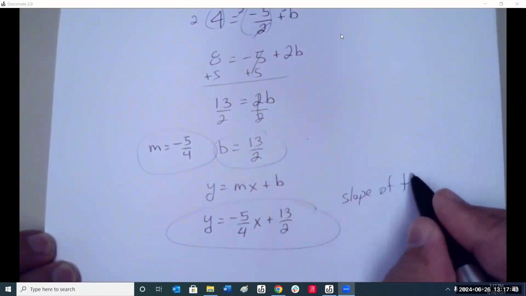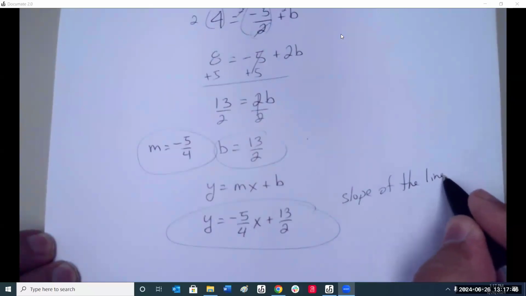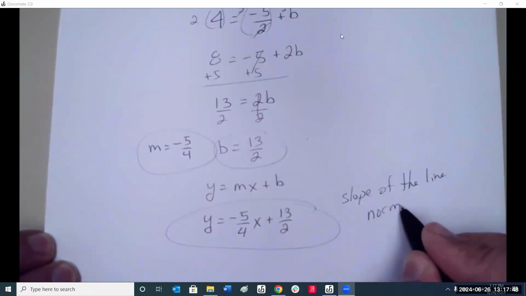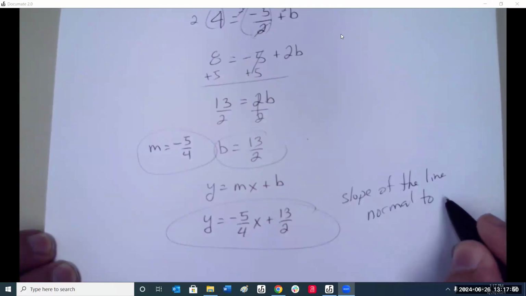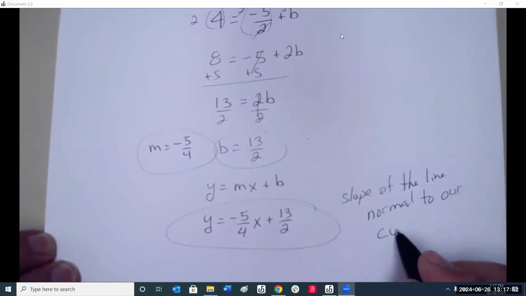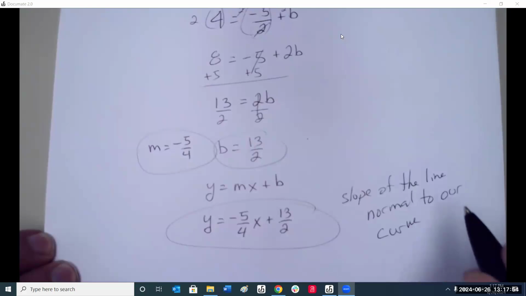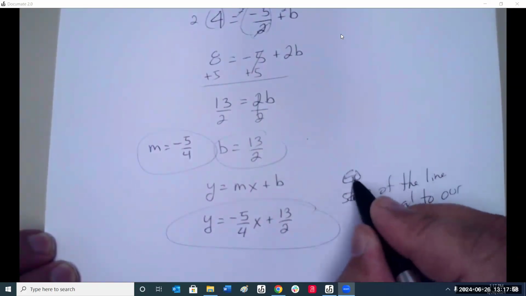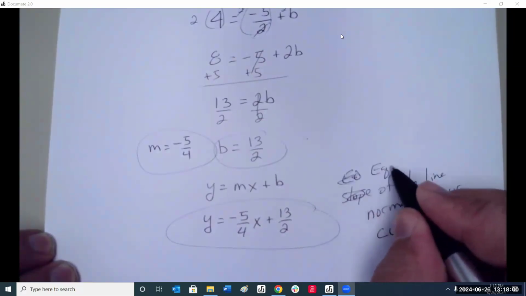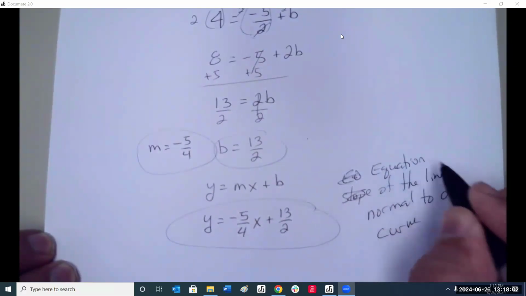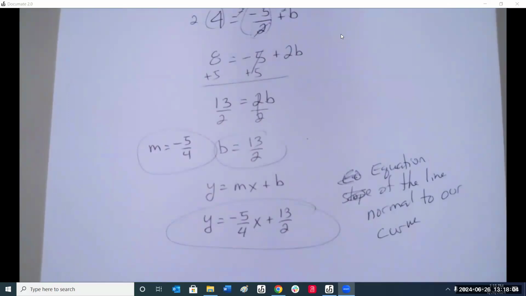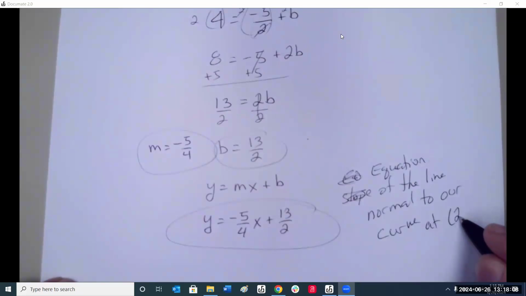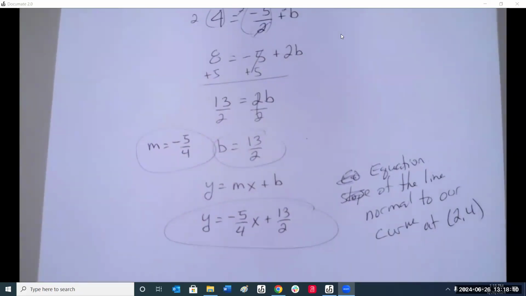That's the equation of the line normal to our curve at 2, 4.